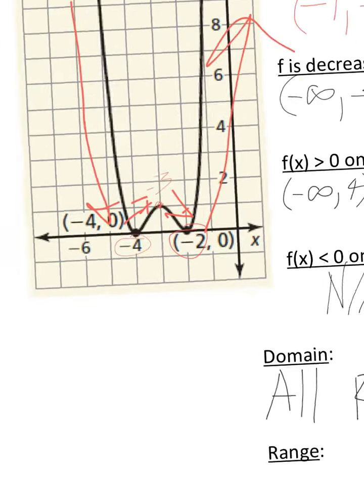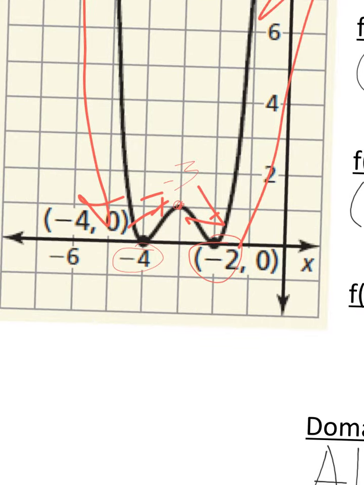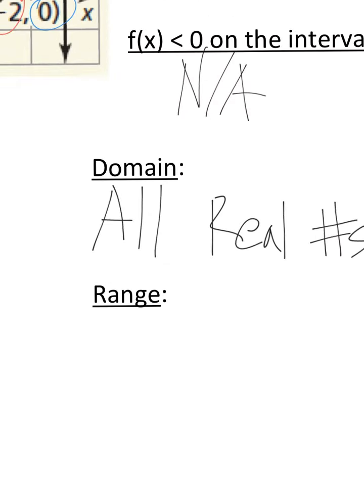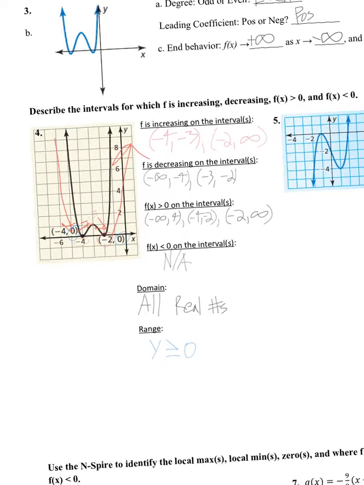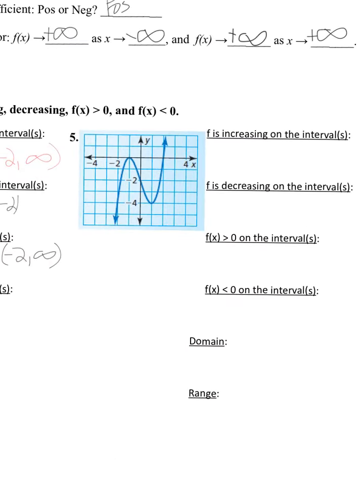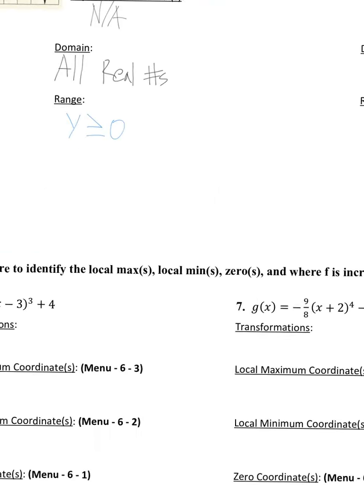So the lowest y value it ever touched was a 0, and then it went above that. So y is greater than or equal to 0. So that's all I was looking for on the domain and range on that one. So this one's odd. So domain and range, all real numbers. It goes up and down freely, left and right freely.